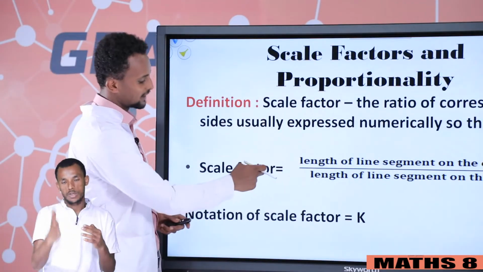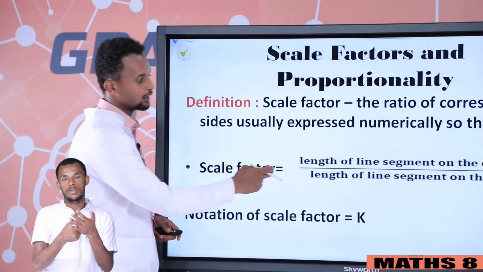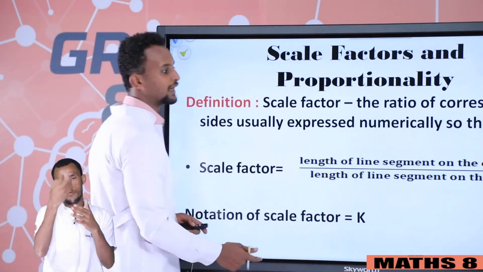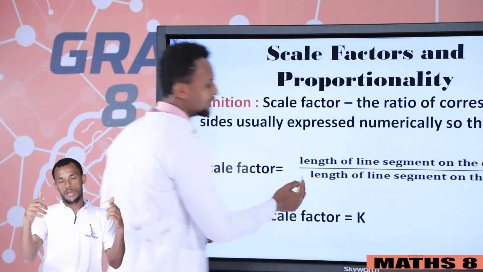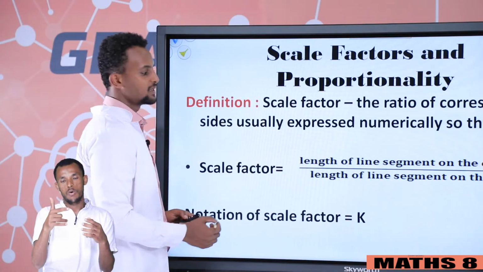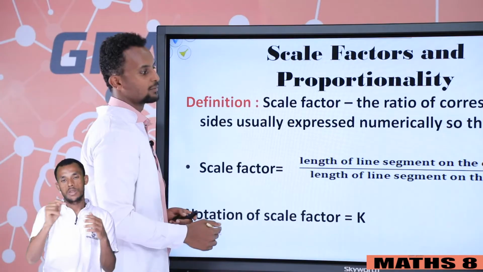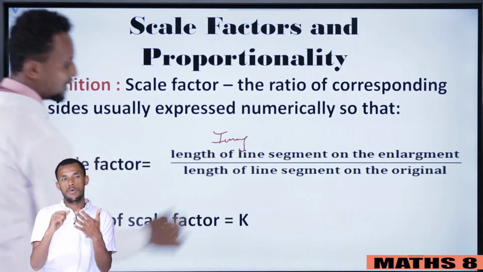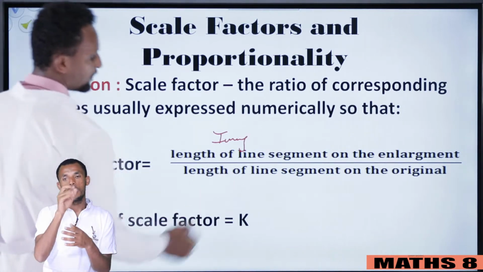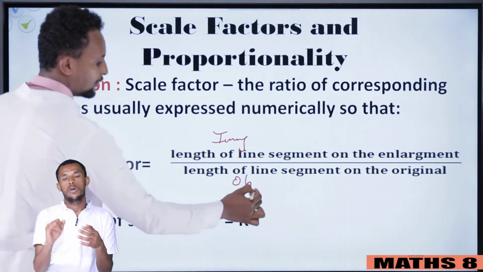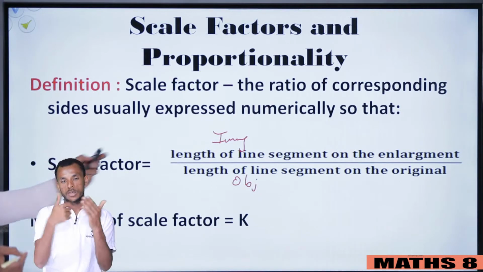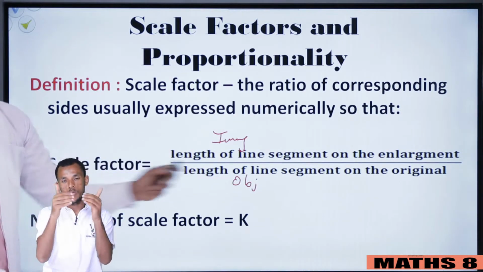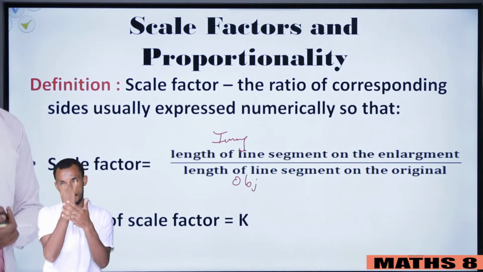The scale factor is equal to the length of the line segment of the enlargement over the original. The enlargement is the image figure, and the original is the object figure. Therefore, the scale factor is equal to image figure over object figure.